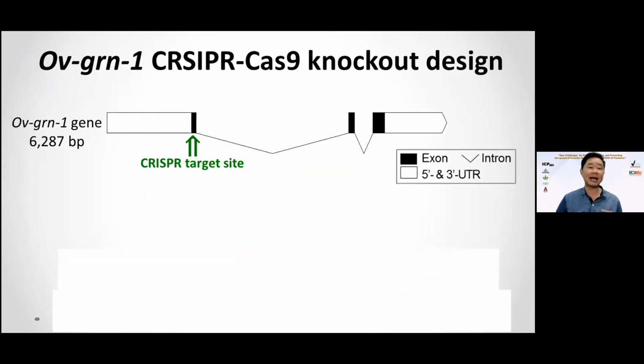To construct the OV granulin 1 knockout, we got the sequence from Neil Young at the University of Melbourne. We found that granulin 1 has 3 exons, 1, 2, 3, and the size is around this. We focus on exon number 1.